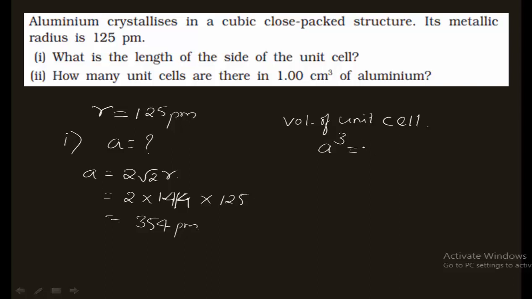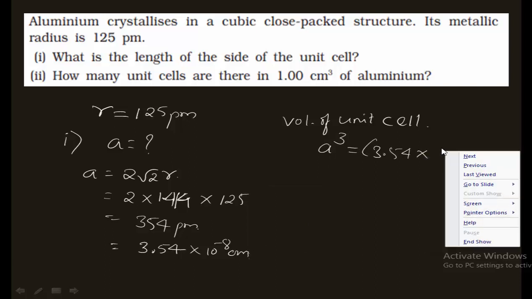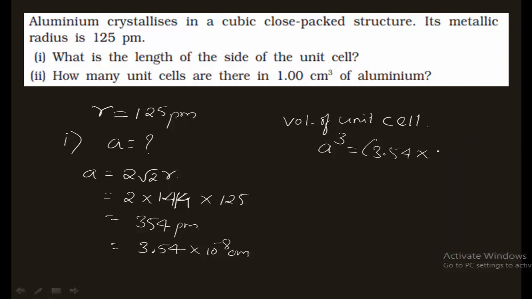Now I will simply convert this picometer into centimeter so that the calculation would become easier. So I will convert this into centimeter and I will make it 3.54 into 10 raised to minus 8 centimeter. So now take the cube of this value, 3.54 into 10 raised to minus 8 centimeter cube.